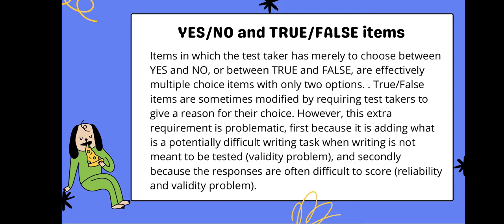However, this extra requirement is problematic. First, because it is adding what is a potentially difficult writing task when writing is not meant to be tested: a validity problem. And secondly, because the responses are often difficult to score: a reliability and validity problem.